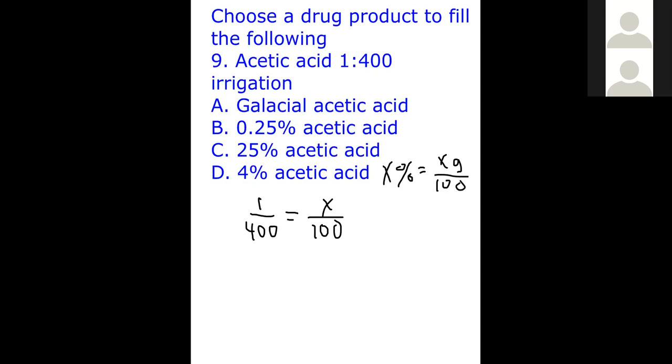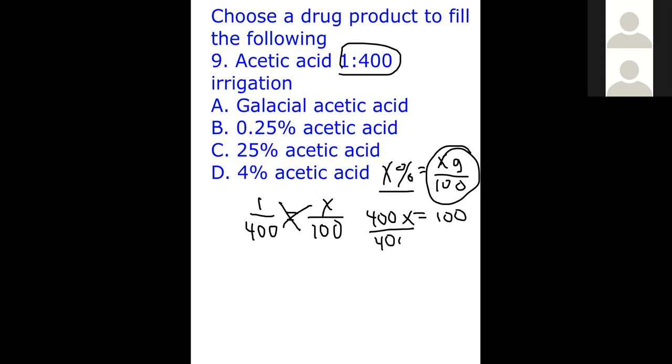Right? So in order to get our percentage, we have to use our formula. And we know that our ratio is 1 to 400. Okay, so now we're just going to cross multiply. 400x is equal to 1 times 100, which is 100.